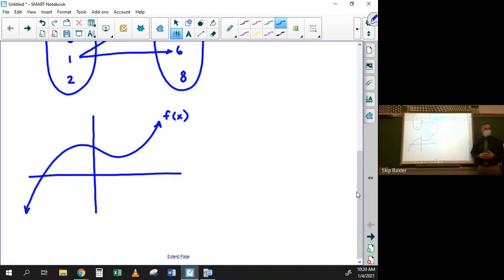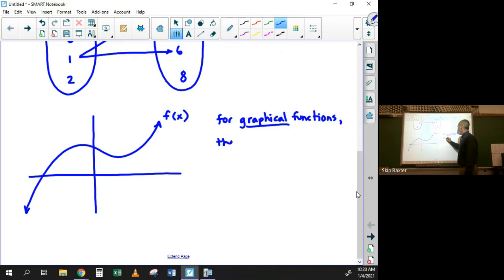The vertical line test, right? So for graphical functions, they must pass the vertical line test.